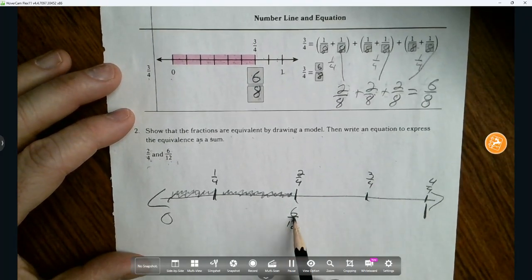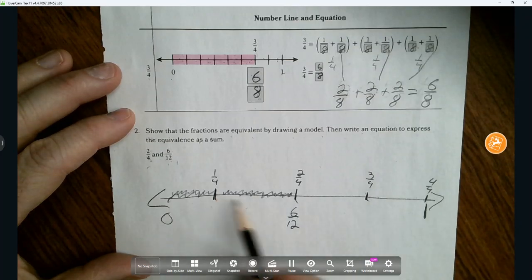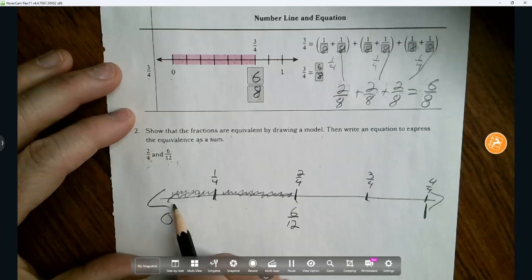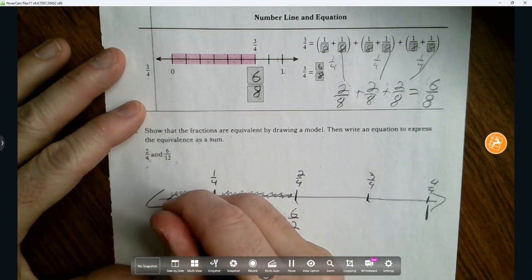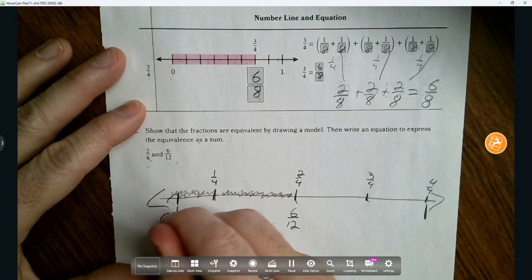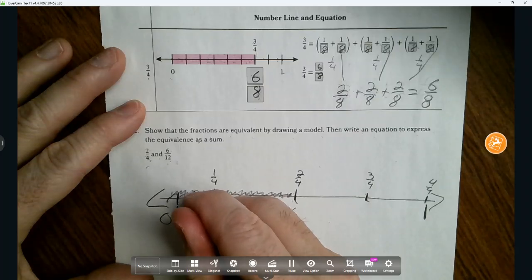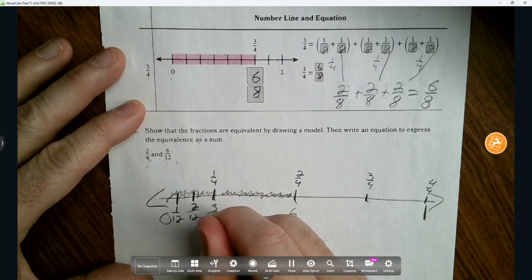So that means we need 6 spaces filled in right here. We have 2. So we need 6 spaces. So each one, 6 divided by 2 is what? 3. So we have 1 12th, 2 12ths, 3 12ths.